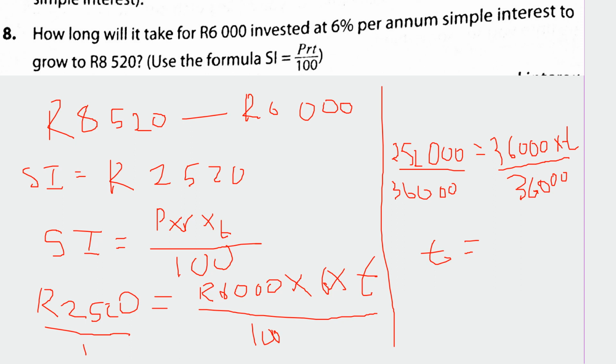So that means we will have to invest for 7 years so that we can earn an interest of 2,520 for 7 years. Thank you.